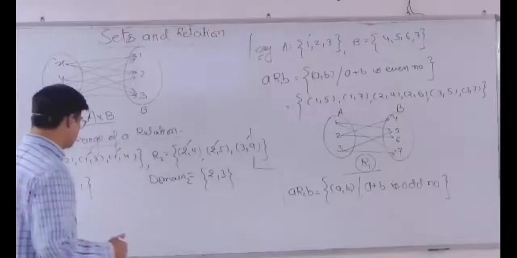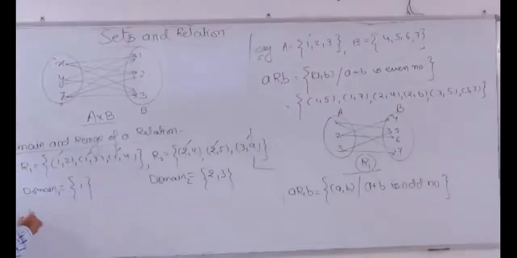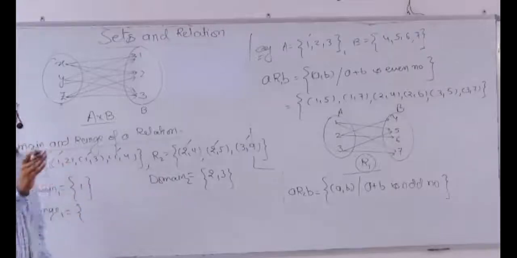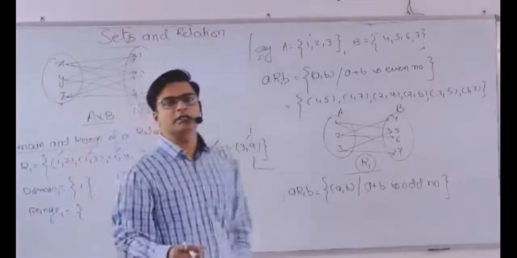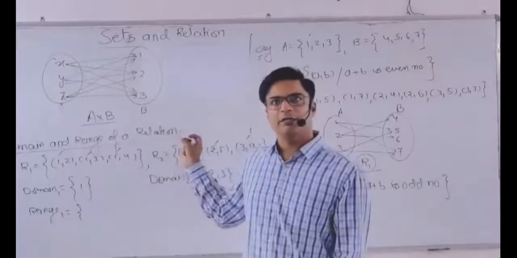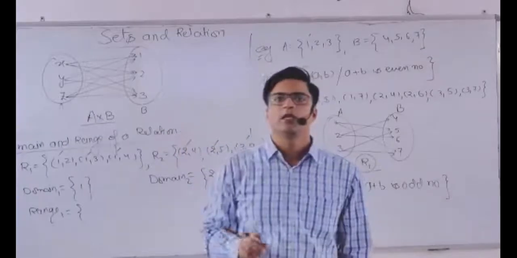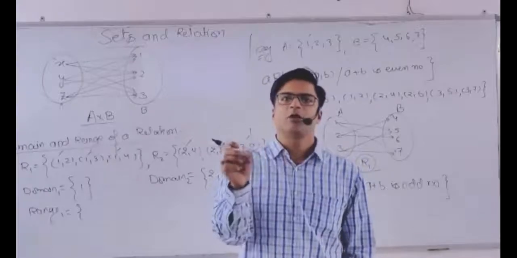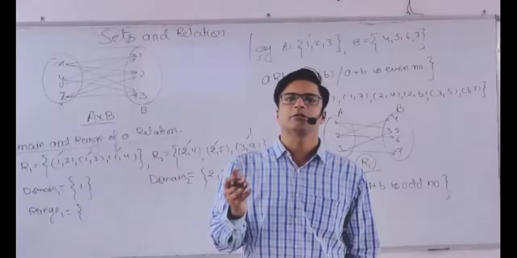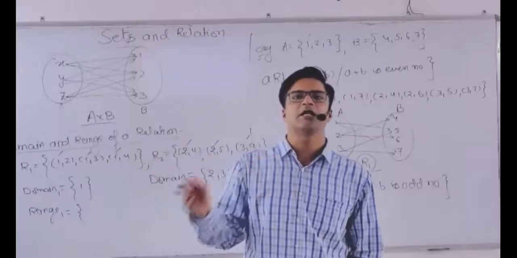Similarly, if I define the range set, let's say range of R1, range is nothing but the set of all second entries. I will dictate here also, I will write it down also. Range is nothing but the set of all second entries.